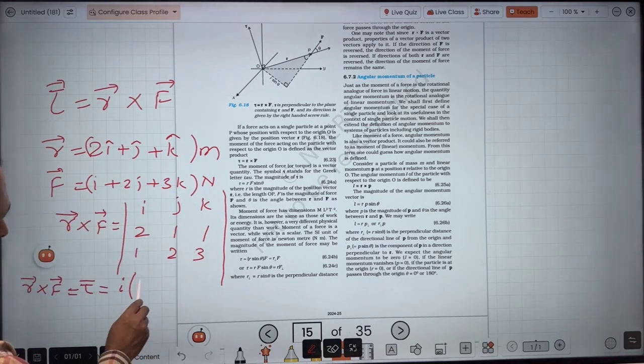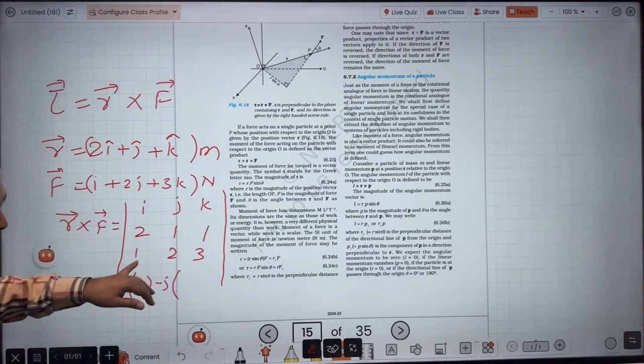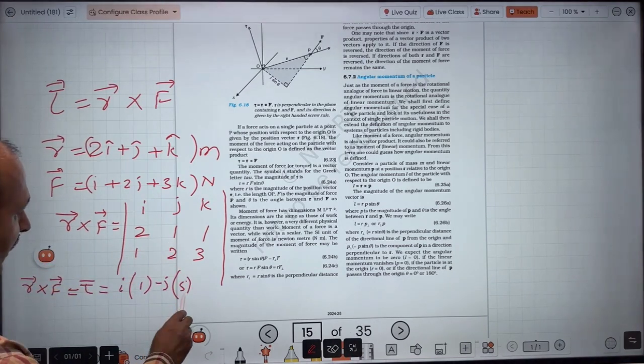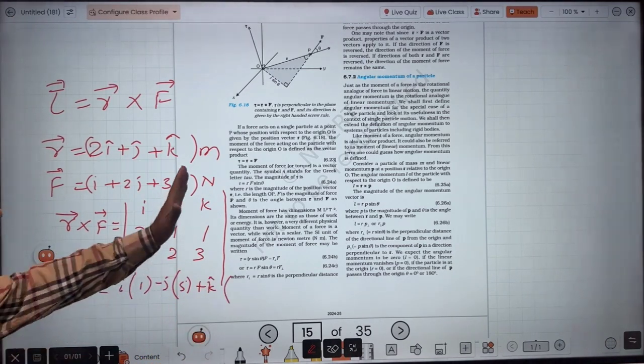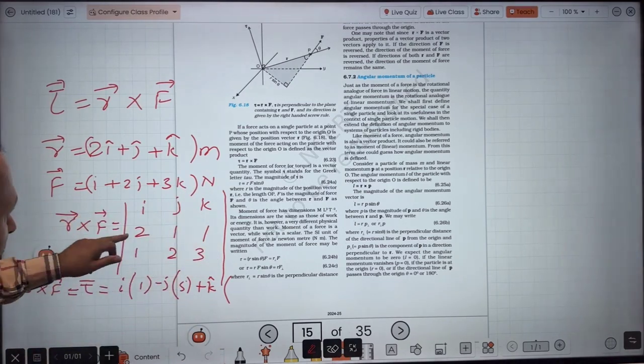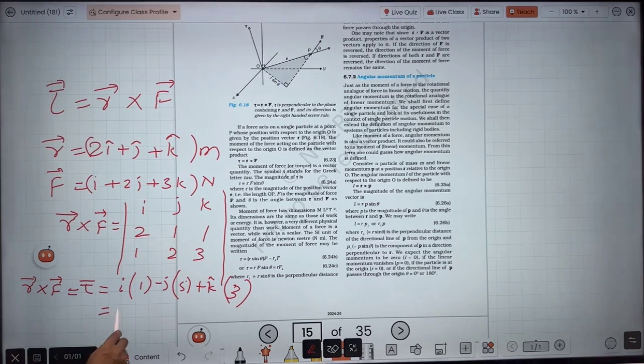So 1 times 3 is 3, minus 2, so 1, then minus j, and then you leave this column, this row, 2 times 3 is 6, 6 minus 1, 5, and then k, and then you leave this column, this row, so 4 minus 1, 3. So you have got i cap minus 5j cap plus 3k cap.